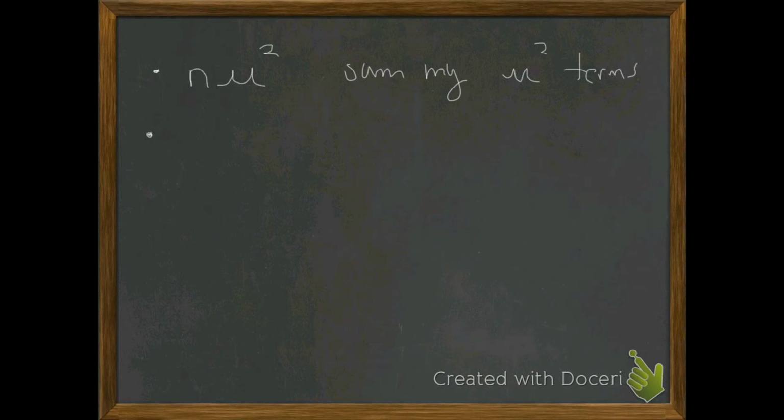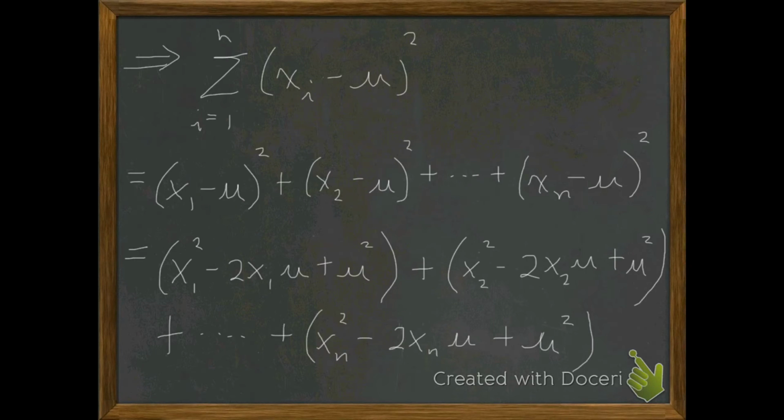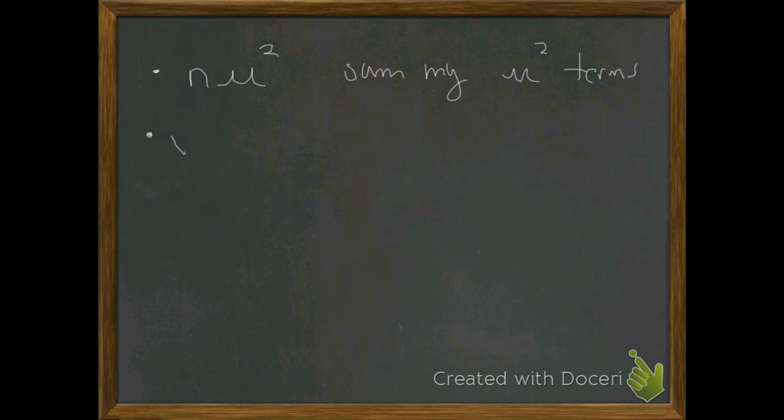The next thing I get is my first terms, and this is what I'll end up with when I sum my x sub i squared terms.